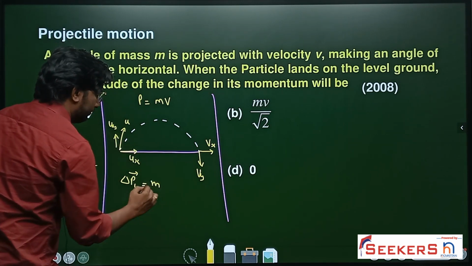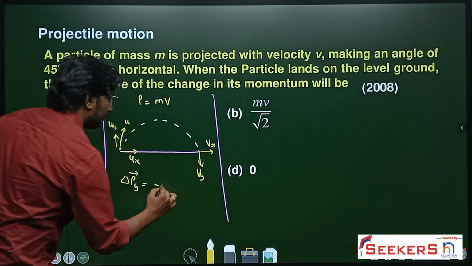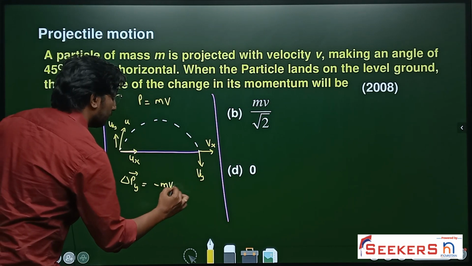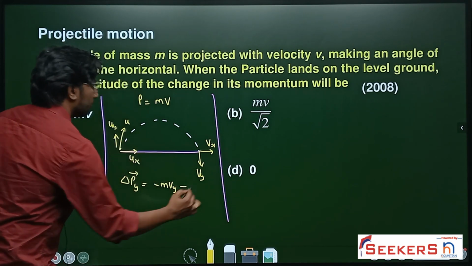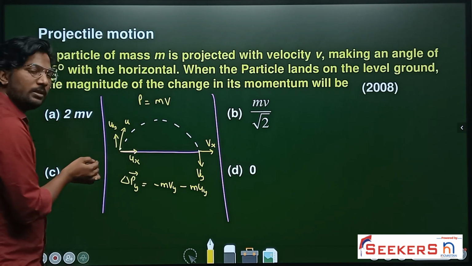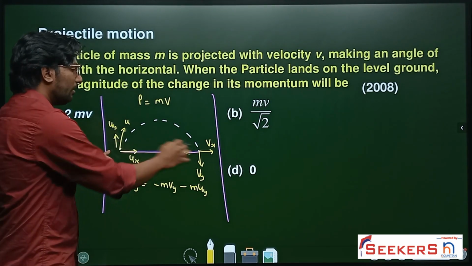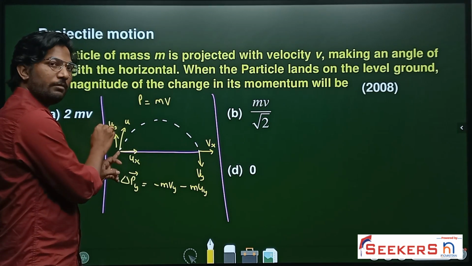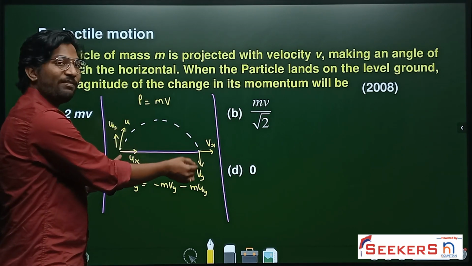So I can write over here minus m vy minus m uy. Now, if you know some small techniques in level ground projections, what happens is the vertical component of the initial velocity will always match the vertical component of the final velocity in magnitude.